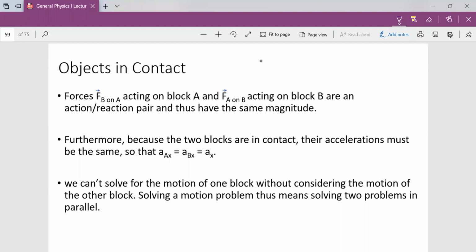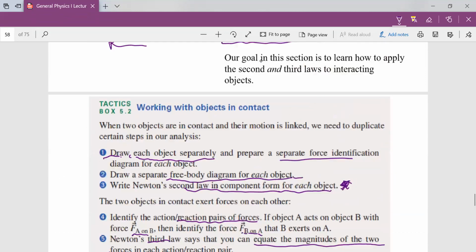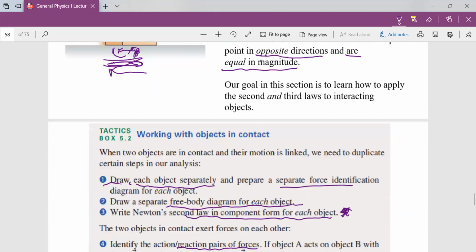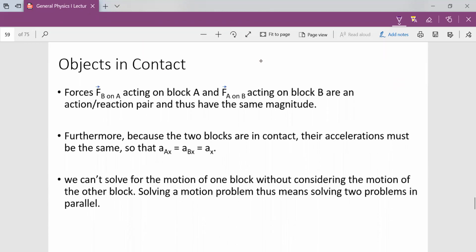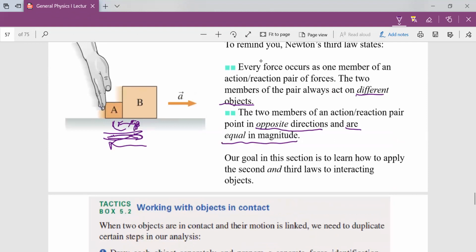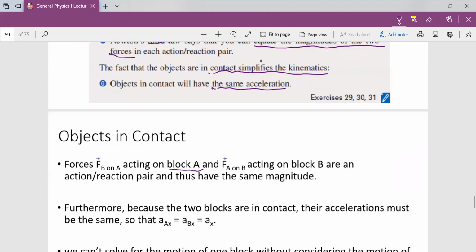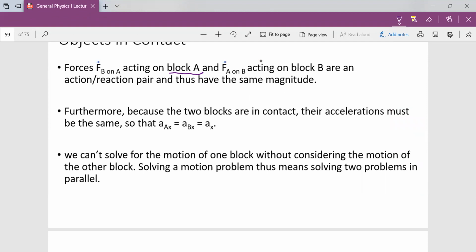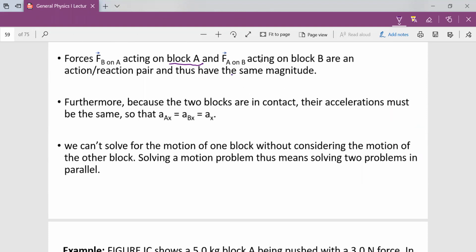So for objects in contact, say a force A acting on B as seen in the block diagram here, A acting on B, that's what we use to explain objects in contact. So force B on A, acting on block A, the block B has the highest mass, yes, but we see the force B acting on A having the same magnitude.